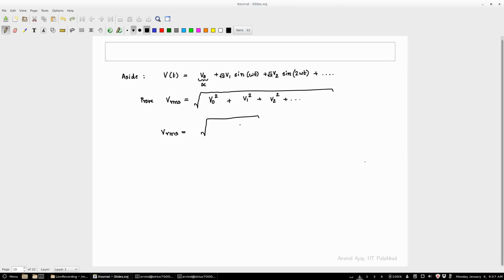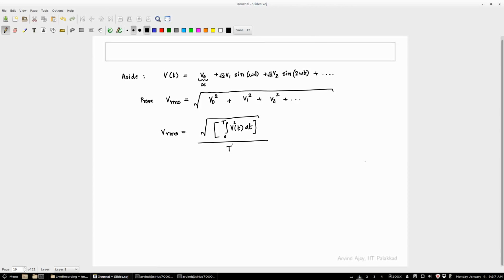So basically what am I saying? I am saying the RMS is equal to, again, a root mean squared. It is not very straightforward, because what is RMS? How do you define RMS? VRMS itself is the square root of the integral from 0 to T of V squared of t dt, the whole thing divided by T, right?